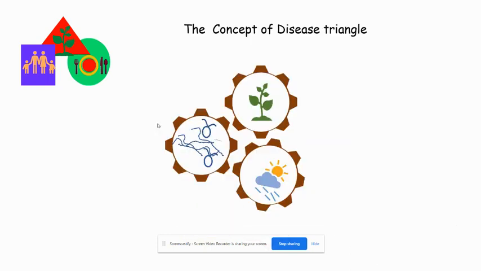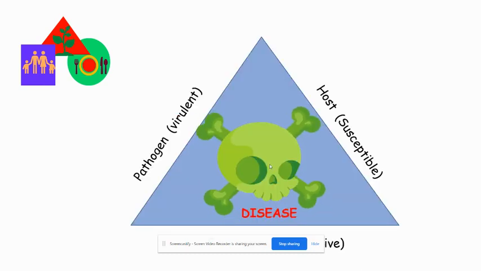Now, let us understand what is the concept of disease triangle. As we now understand that for disease to occur, there should be presence of three components: the host, the pathogen, and the environmental conditions. But mere presence of these three factors will not assure the development or the initiation of disease.